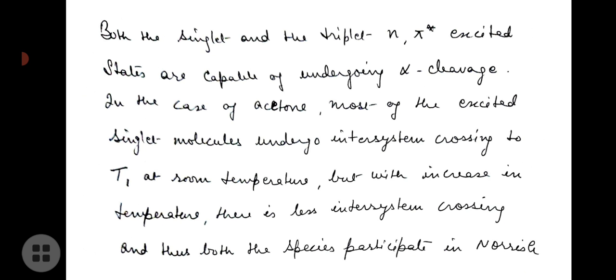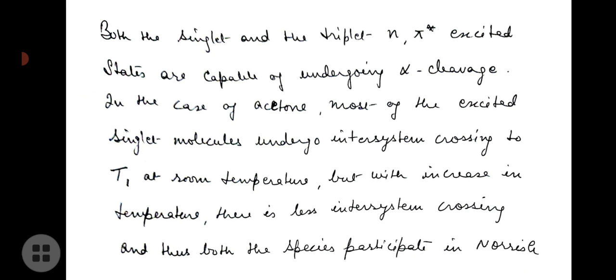Both the singlet and the triplet n-pi star excited states are capable of undergoing alpha cleavage. If we consider acetone, most of the excited singlet molecules undergo ISC, that is intersystem crossing, to T1 at room temperature, but intersystem crossing is less with increase in temperature.